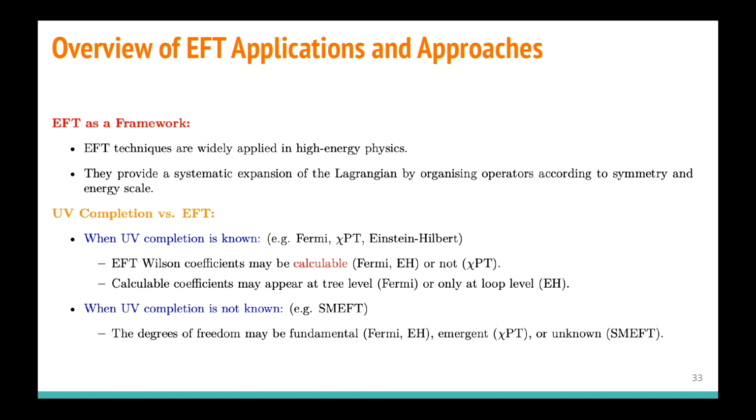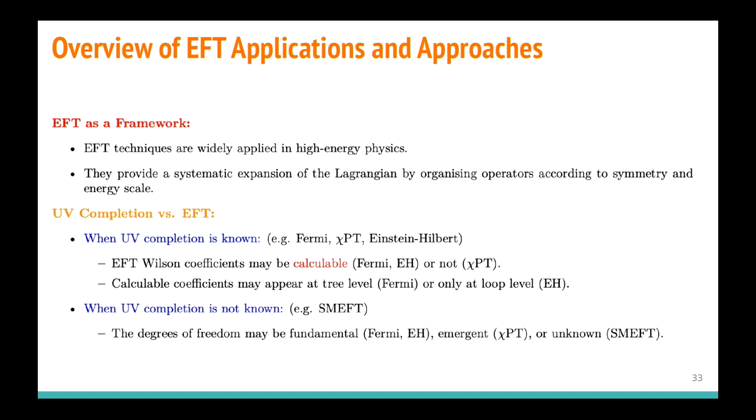When the UV completion is known, for instance in the Fermi case, the chiral perturbation theory case, or the Einstein-Hilbert gravity case, the EFT Wilson coefficients may be calculable in the Fermi and Einstein-Hilbert cases, but not in the chiral perturbation case. In the next class I might discuss chiral perturbation a bit more, and why it's not calculable because of non-perturbative effects.